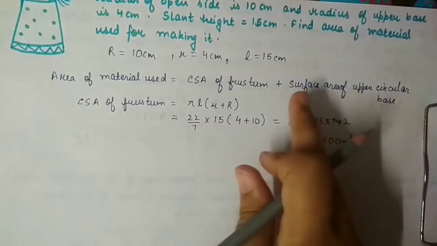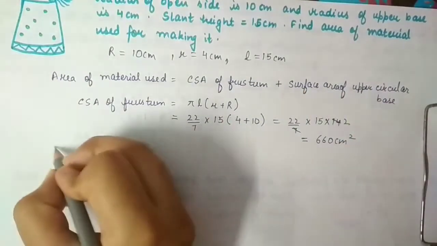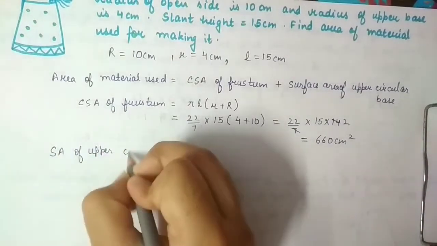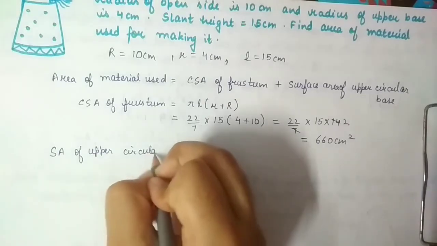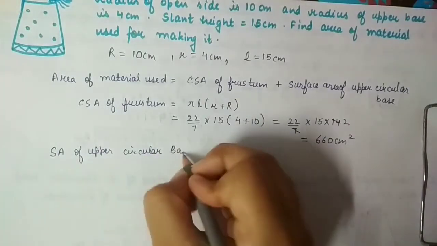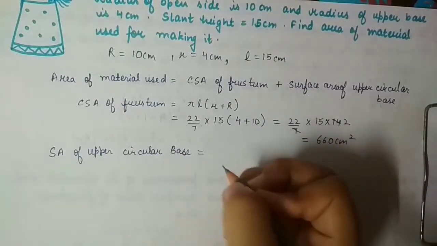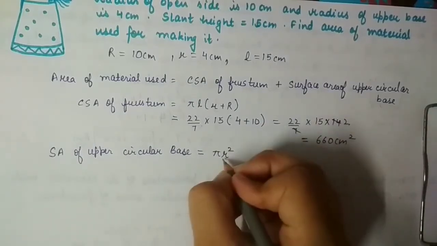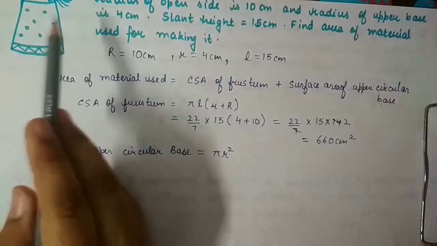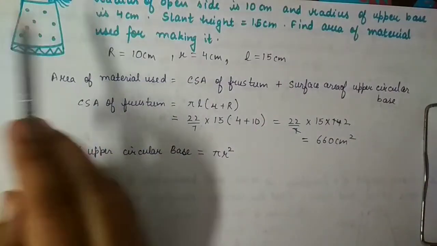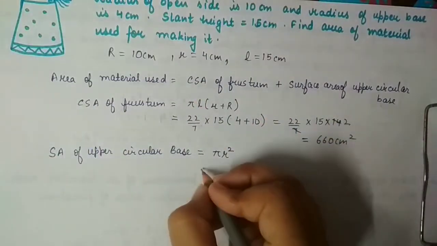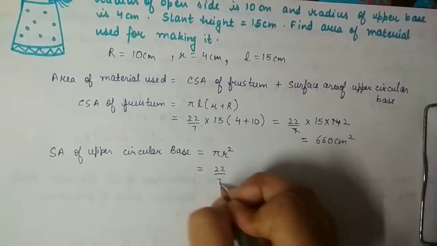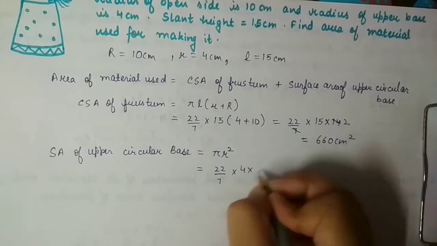Now you find out the surface area of upper circular base. Surface area of upper circular base is equal to area of circle. So what is area of circle? Area of circle is pi r square. I have taken small r because the upper circular base is the smaller circular end. So small r is the radius of the smaller circular end. Pi is 22 by 7 and now r is 4 into 4.